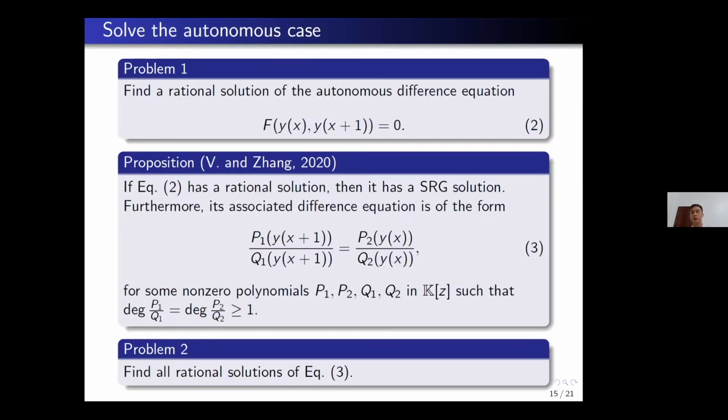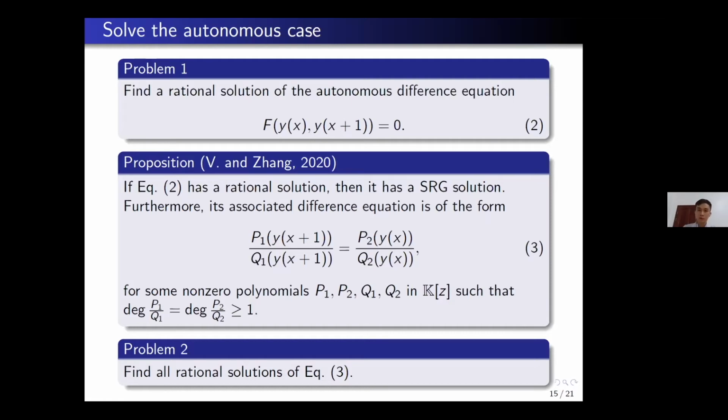So we restrict ourselves to a smaller class of differential equations called autonomous differential equations. That is F(y(x), y(x+1)) = 0. Now I use y(x+1) instead of y1 because some more polynomials appear with P1, Q1, P2, Q2, and I don't want them to be confused. Now let's consider the autonomous differential equation F(y(x), y(x+1)) = 0, where F now is an irreducible polynomial in two variables.